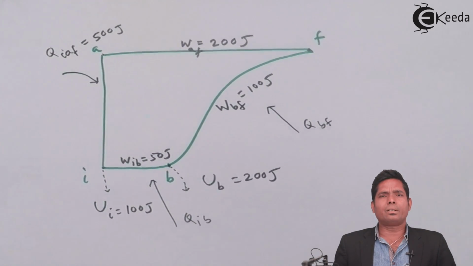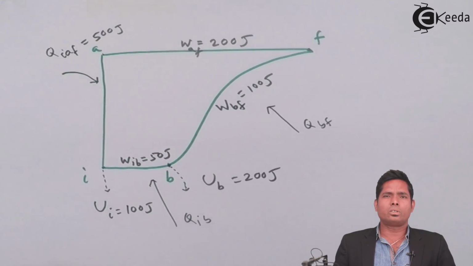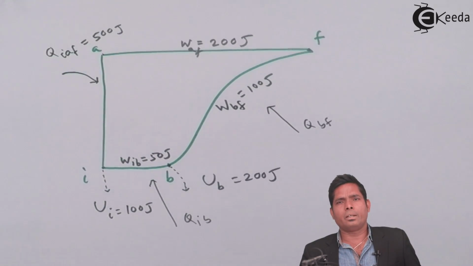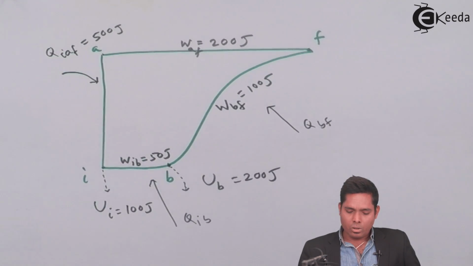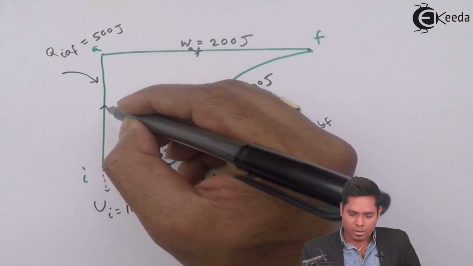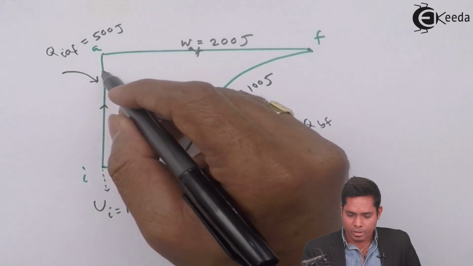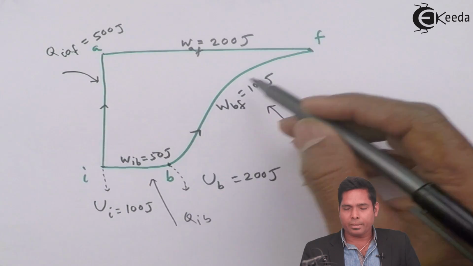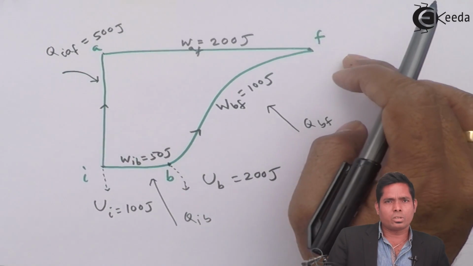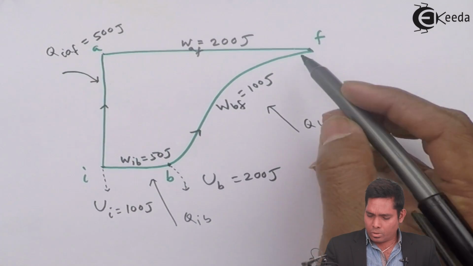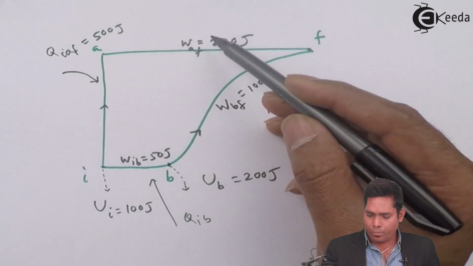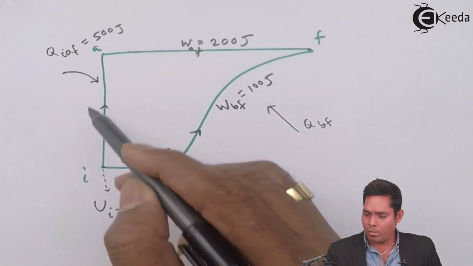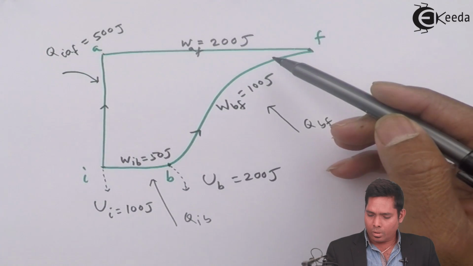Because we know that the change in internal energy of the system is independent of the path followed, whether the system is carried along this path or this path, the initial and final conditions are the same, so the change in internal energy will be the same. So let us first use this path, because everything is given for it.